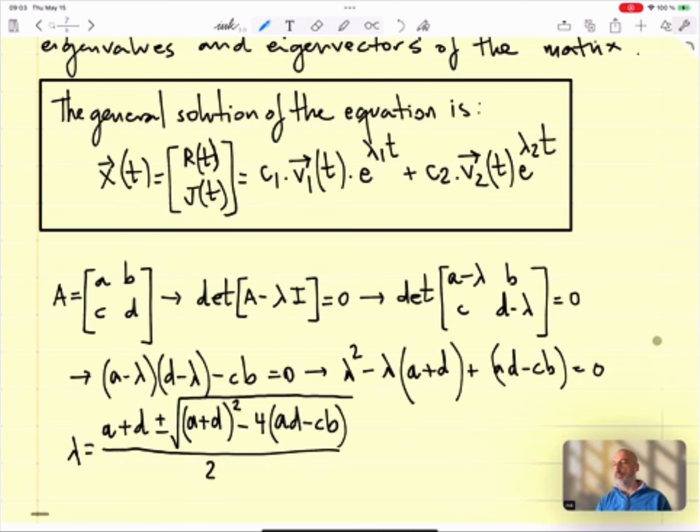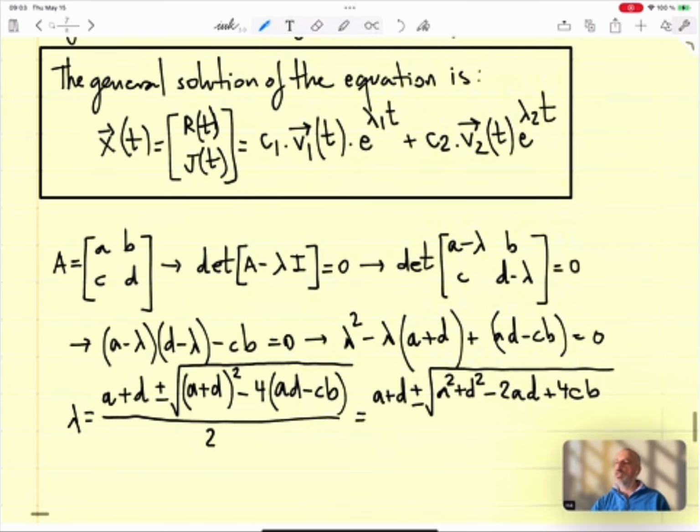Okay, so A plus D plus or minus the square root of A squared plus D squared minus 2AD plus 4CB, divided by 2. Okay.